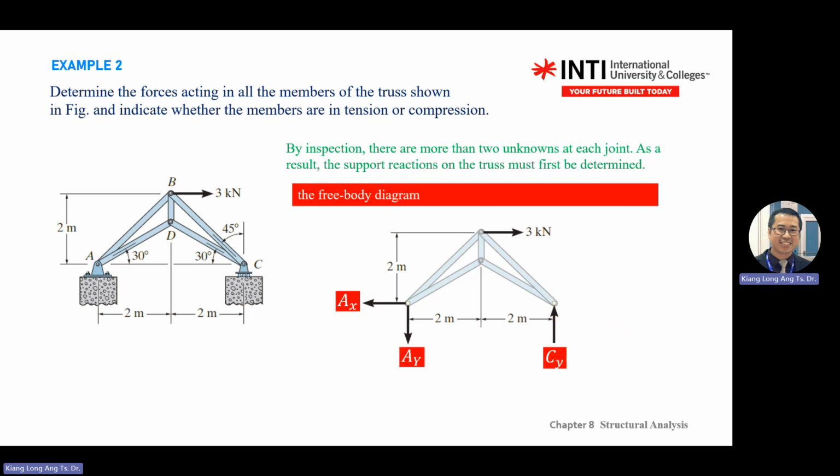What is the value of AY, CY? If you are not given any mass for the members, 0. AY, CY, from this case, you know already 0. So you can write here in the free body diagram equals 0, equals 0.